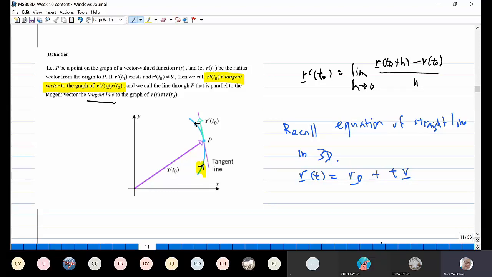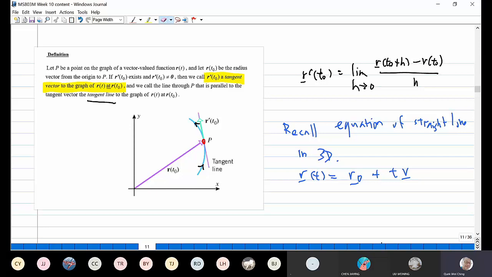So what does it mean? r0 is basically a fixed point on the straight line. Based on this picture, this is a straight line. If I pick a point, let's say this point is fixed here.